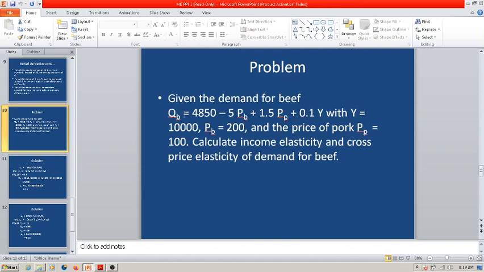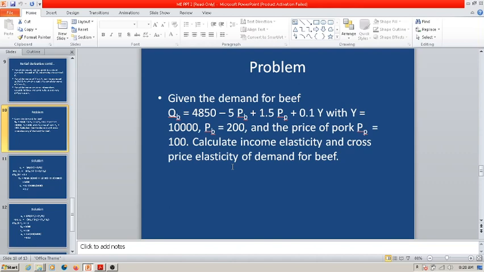QB is the quantity demanded of beef, PB is the price of beef, PP is the price of pork, which is a related commodity, and Y is the income. And also given income is 10,000, the price of beef is 200, price of pork is 100. Now you are asked to calculate income elasticity and cross price elasticity of demand for beef.